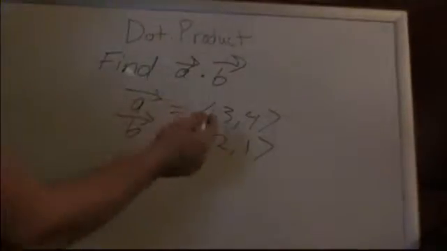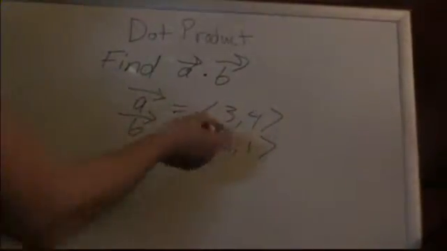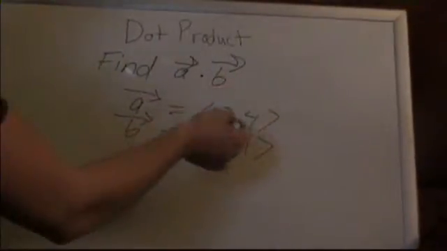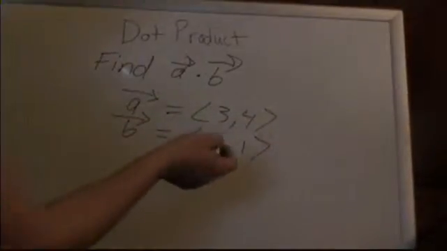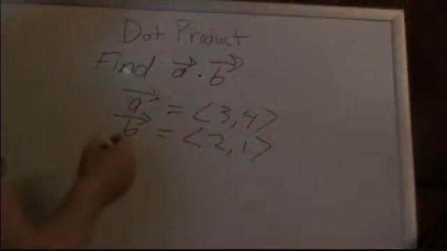And so all you're going to do is multiply your A sub 1 times your B sub 1 and add that to your A sub 2 times your B sub 2.